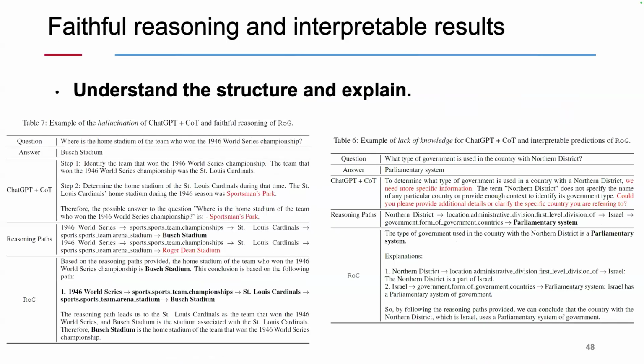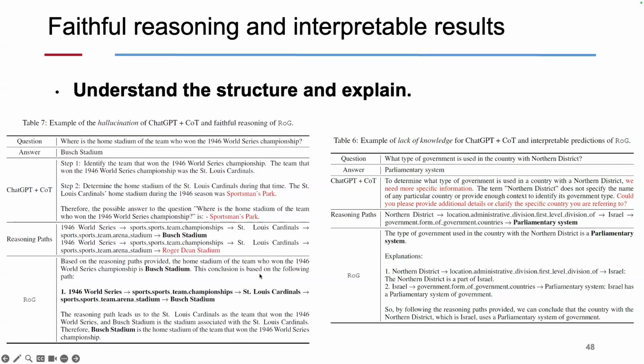Instead of just the result, we also try to provide some explanation. That is very crucial right now in the application of large language models. We don't just want to know the final answer, but we also want to know how we achieved this final answer. If we can provide an explanation for its reasoning result, it can be quite helpful for people to trust and verify the result of the LLM.